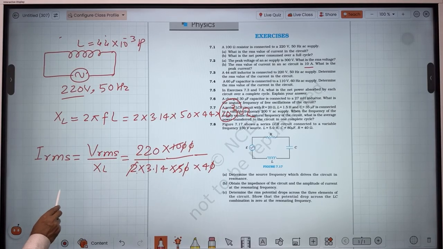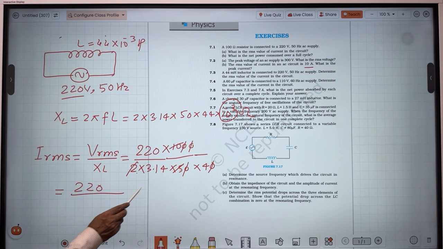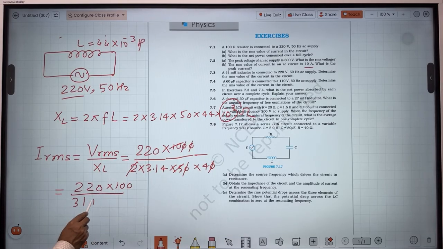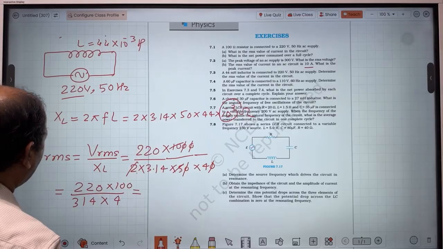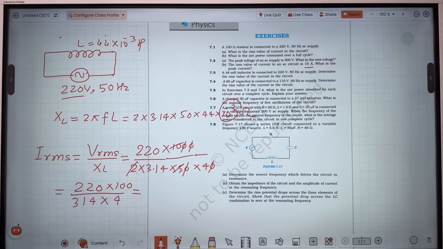So what is left? It will be 220 divided by 3.14. Let's write here 100 to remove the decimal. 314 into 4. Now let's simplify. So try it.